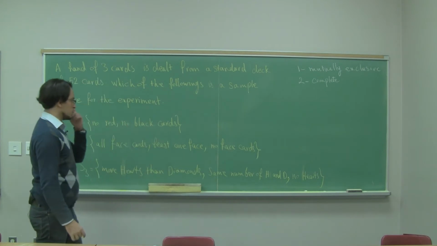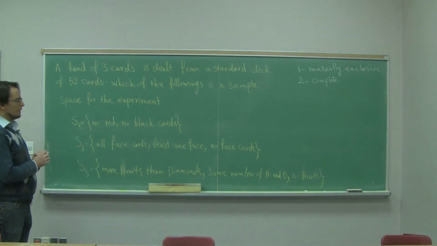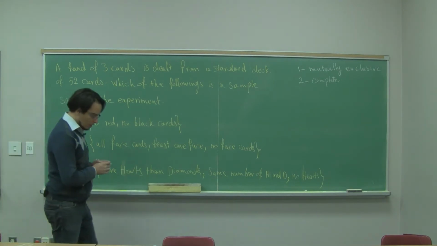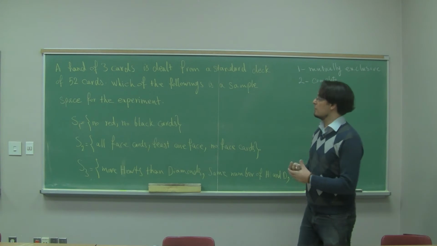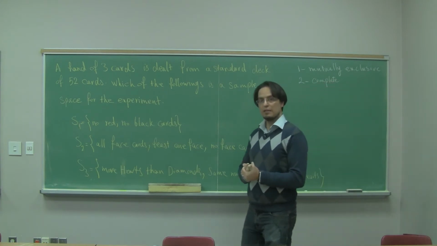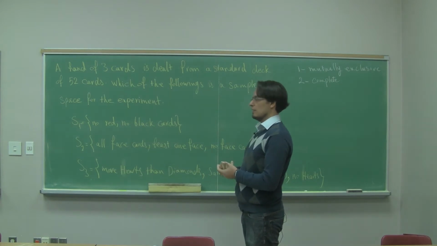Let's see which one is true, which one is not. So no red, no black. No red means that all 3 cards are black, and no black means all are red.